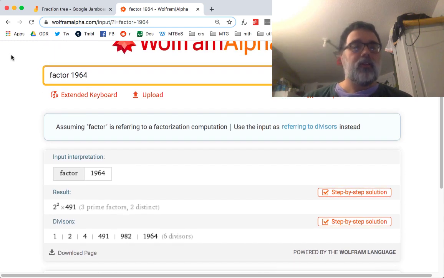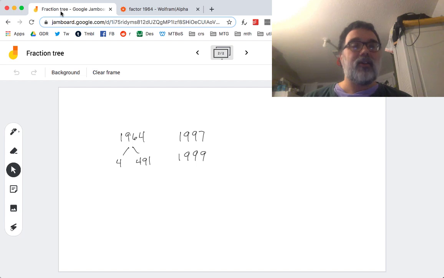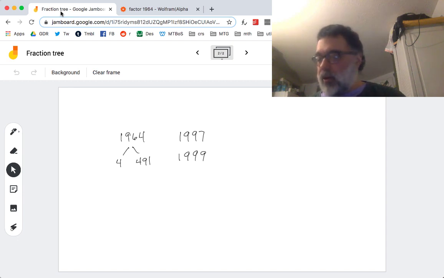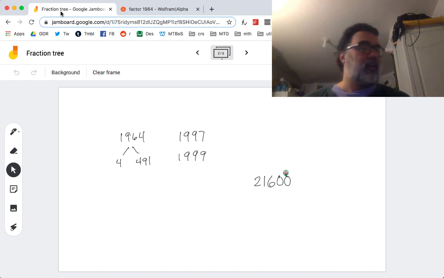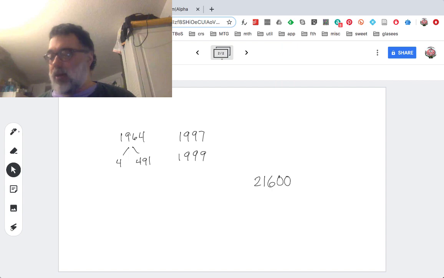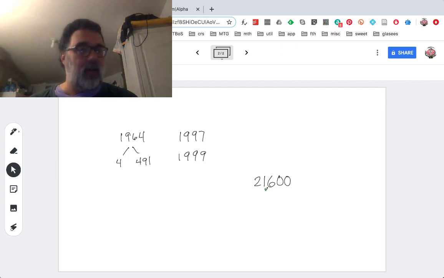All right. So instead, what I decided to do to build up my factor tree was to build a number. So I multiplied a bunch of factors together to get this number, 21,600. Okay, so that's a pretty big number, but I liked the way it broke down.